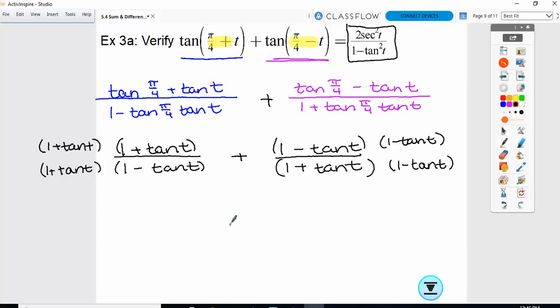Alright, so now if we start boiling, plus tangent t is 2 tangent t. Tangent times tangent is tangent squared. What do we get on the bottom? 1 times tangent squared.